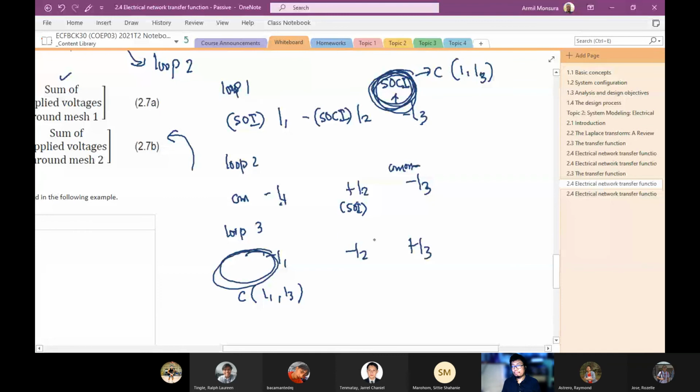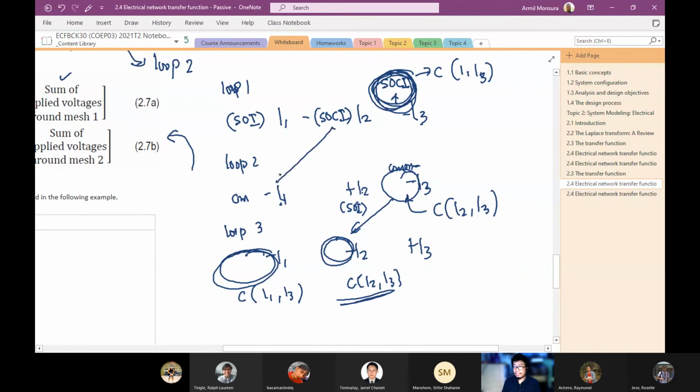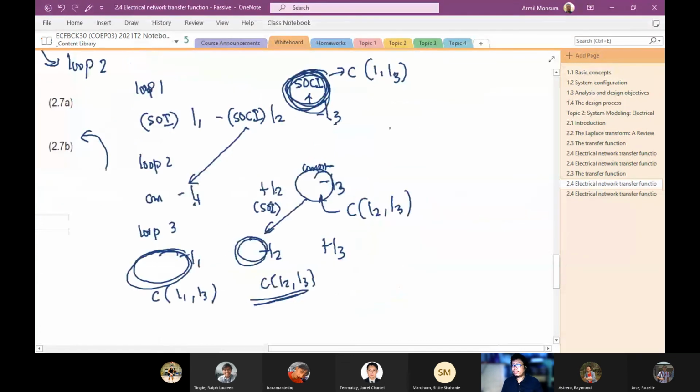Same thing with, for example, ito, ang common dito ay I2 at saka I3. Dito din, ang common ay I2 at saka I3. So, ito at saka ito, pareho lang, tapos ito at saka ito, pareho lang. In the end, this should result to what we call a symmetric matrix.